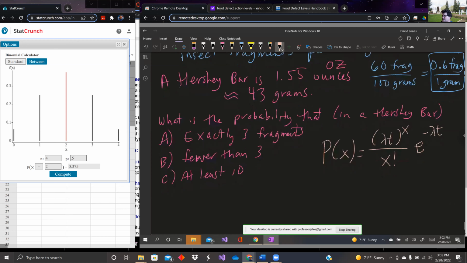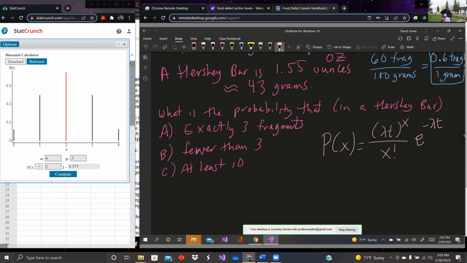Now, lambda here is the rate. It's a Greek letter, lambda. It's the rate or average number of successes.